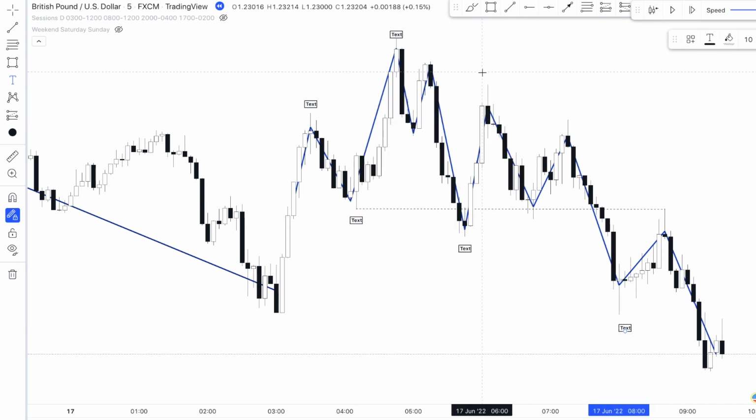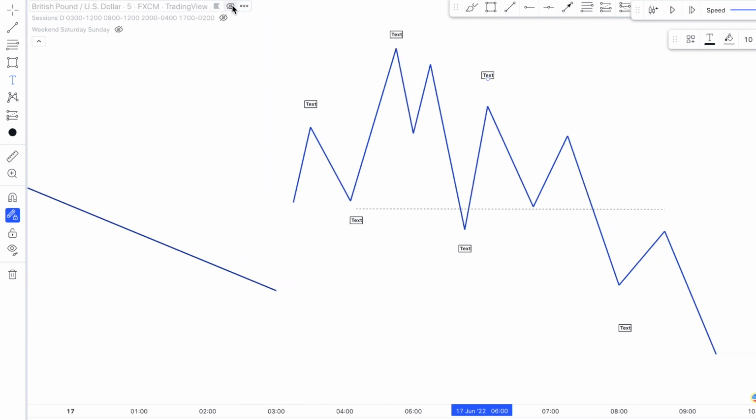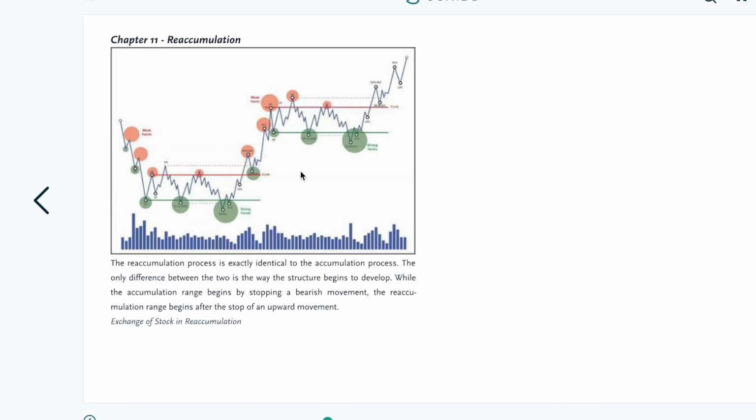This would be your LPS, sorry, your test, and your LPS, or depending, you could also call this a migration block. We don't have too much consolidation here, but that's how I take the structure. And let me just clear the candles. Okay, that's the structure I use to identify schematics.